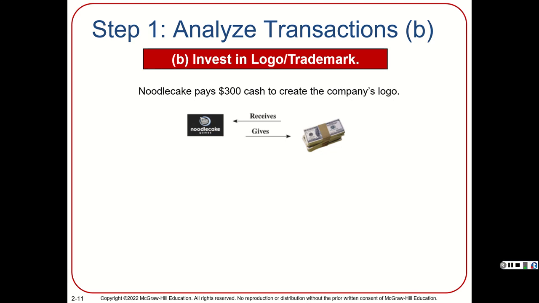The next example, the company is going to pay some cash to have another company create the company's logo. So the exchange is receiving the logo, which is services that they're going to pay for, and the company is going to give $300 cash in this transaction.